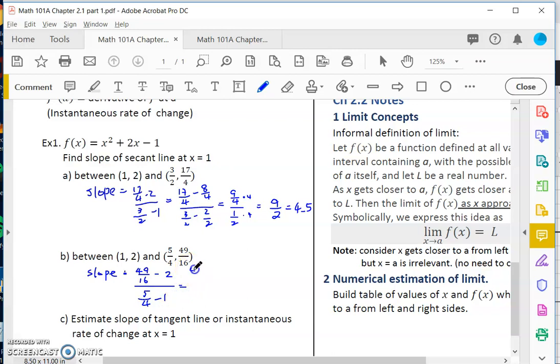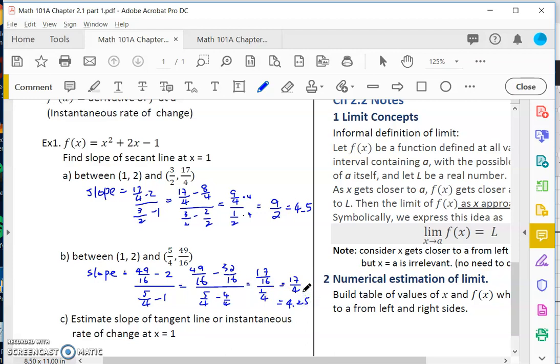Again, use fraction subtraction: 49 over 16 minus 32 over 16, divided by 5 over 4 minus 4 over 4. You just have to do a lot of this fraction work. So it's 17 over 16 over 1 over 4. Again, multiply top and bottom by 16, and it becomes 17 over 4, which is 4.25.